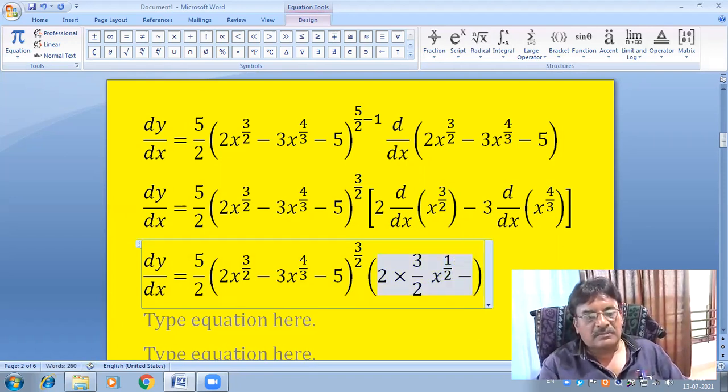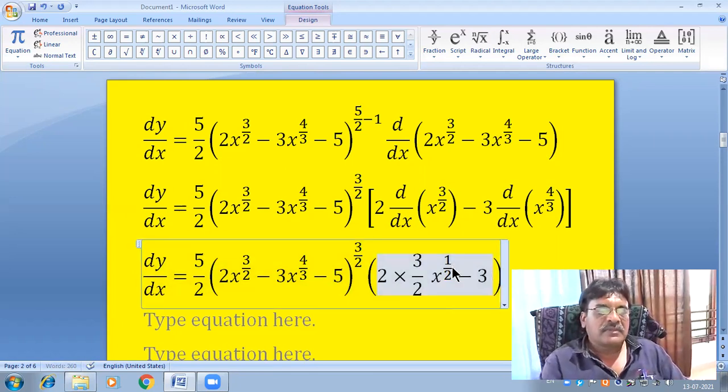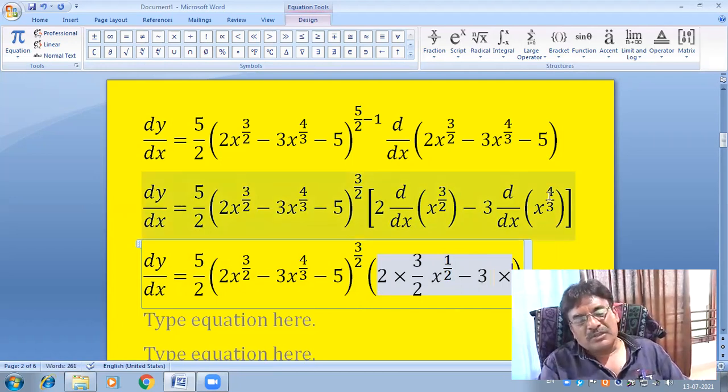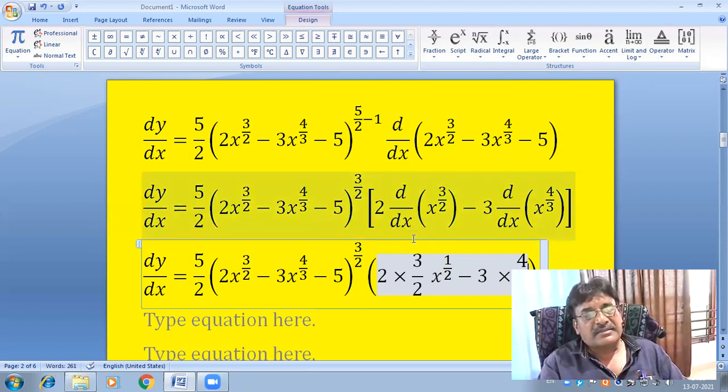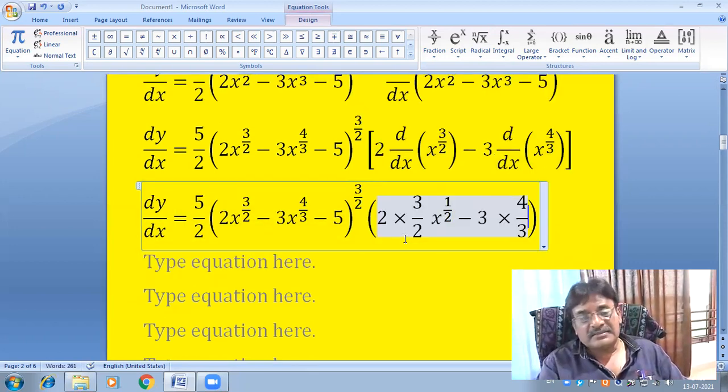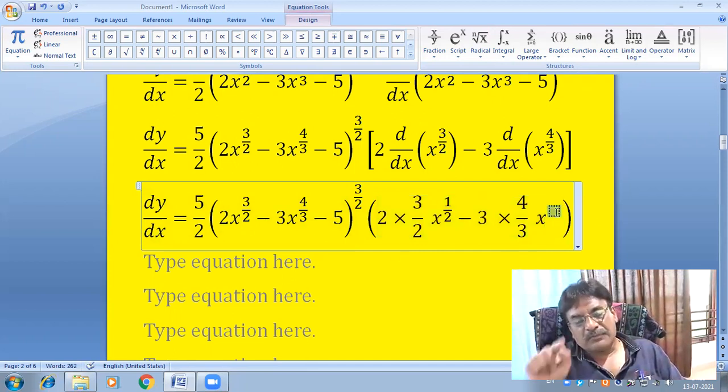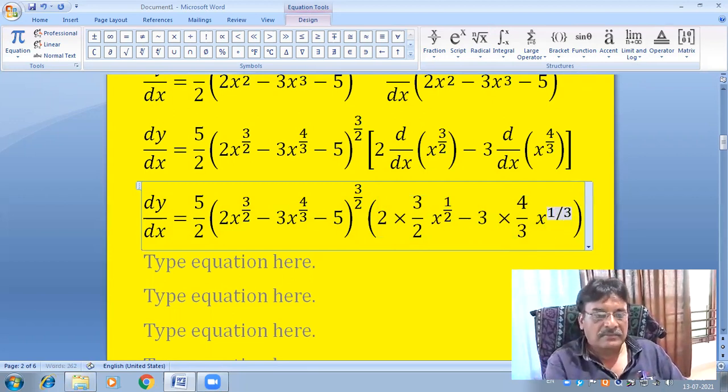Minus this 3 as it is, into d/dx of x^(4/3), which is 4/3 into x^(4/3 minus 1). Cross multiplying, 4 minus 3 by 3, that is 1/3. So we write here 1/3.